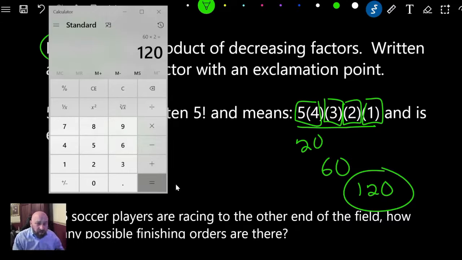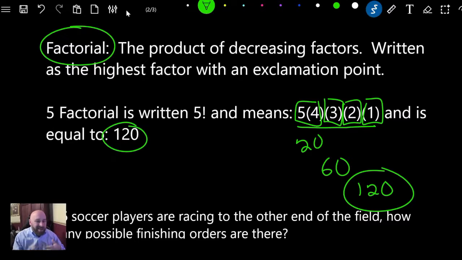I'm okay with that. I'd rather have you do it by hand, from your mental math abilities. But if you need to use a calculator, or if it's a little bit easier, it's okay at this point. But that's how you do factorial.